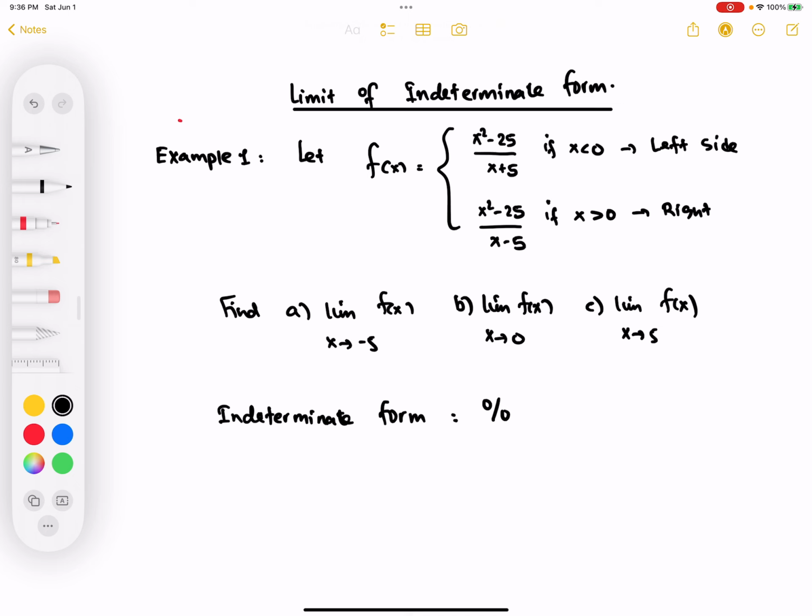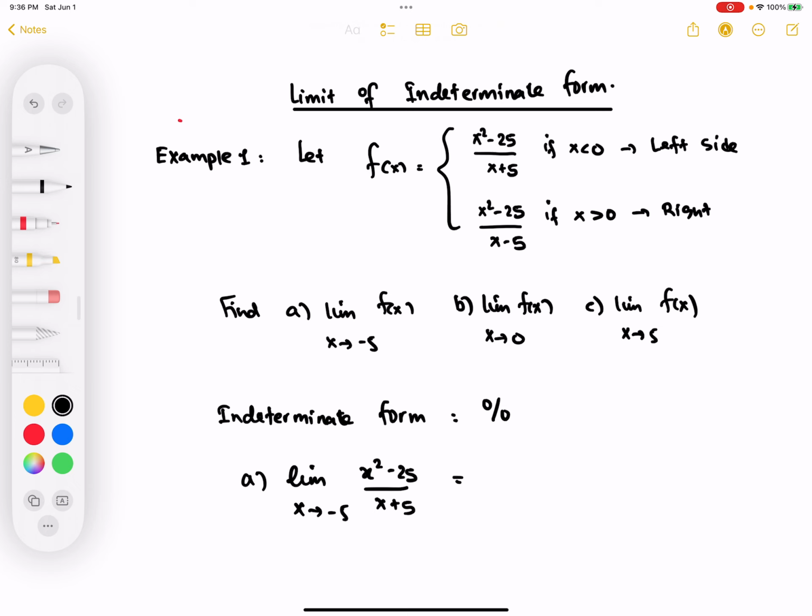Because it is less than 0. So for evaluating A, limit of x approaches negative 5, we need to consider the left side, which is x squared minus 25 over x plus 5.